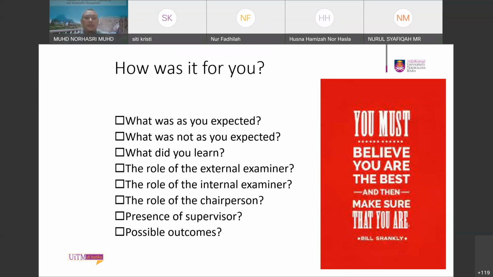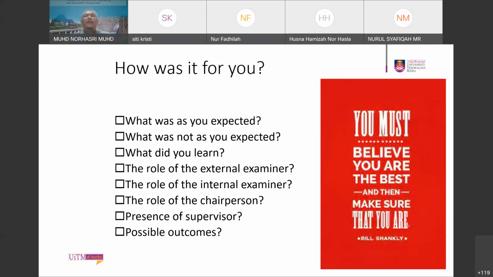Know the role of the chairperson, and whether your supervisor is present or not. Don't be afraid, because you are carrying their name.